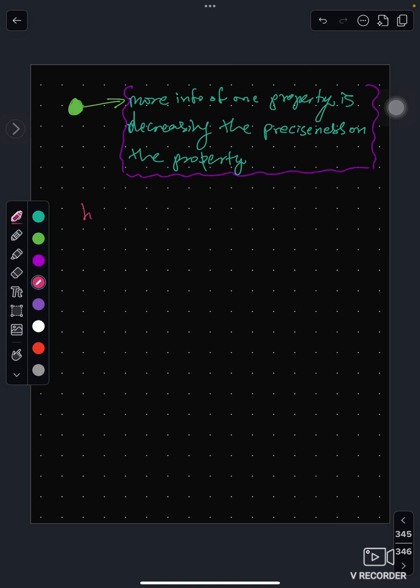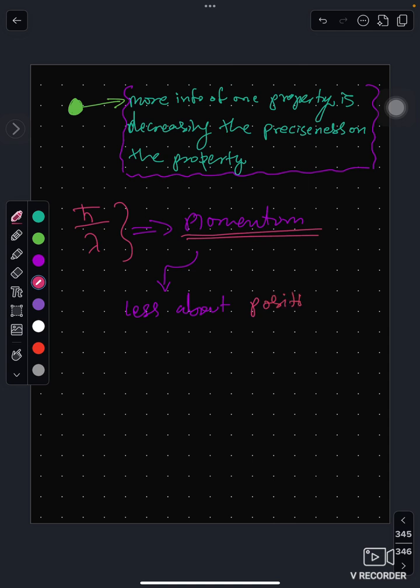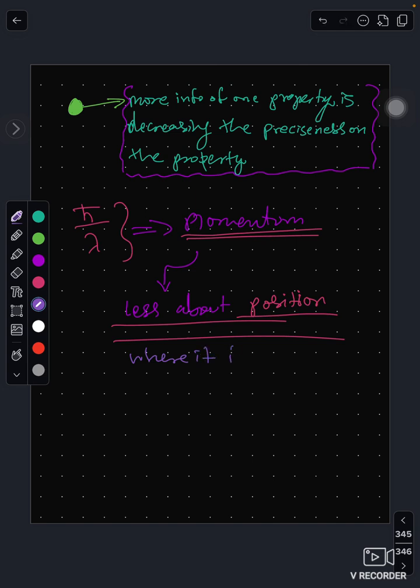If I know its momentum, this will cause me to know less about its position, or to be exact, where it is, which is shown by this equation.